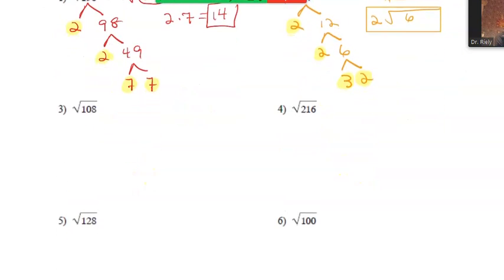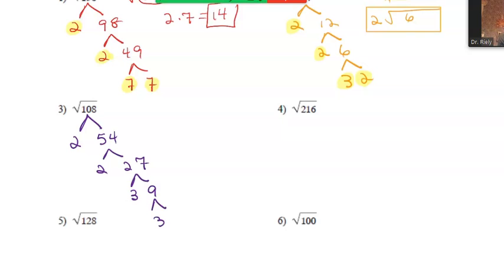Okay, let's continue. When you get to radical 108 and you divide by 2, that's going to be 2 times 54. Divide 54 by 2, and you're going to get what? 2 times 27. And then 27, I can't divide by 2, but I do know it's 3 times 9.